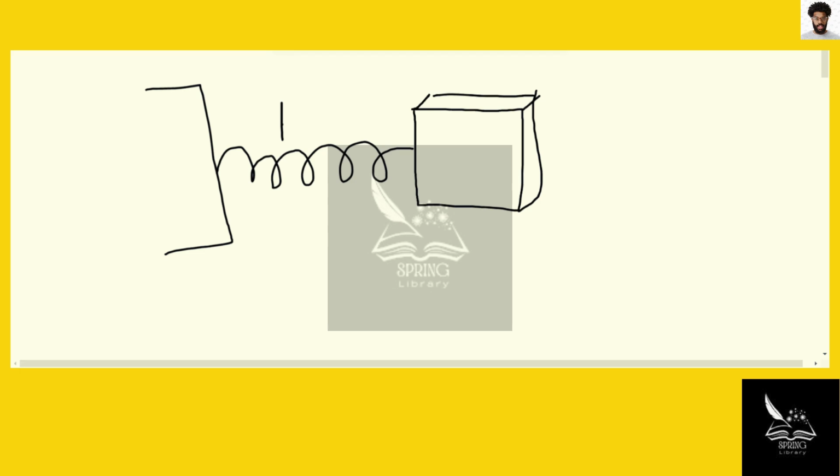So we have our K, the spring constant, is 85 newtons per meter. We have the mass of the box is 1.5 kilograms.